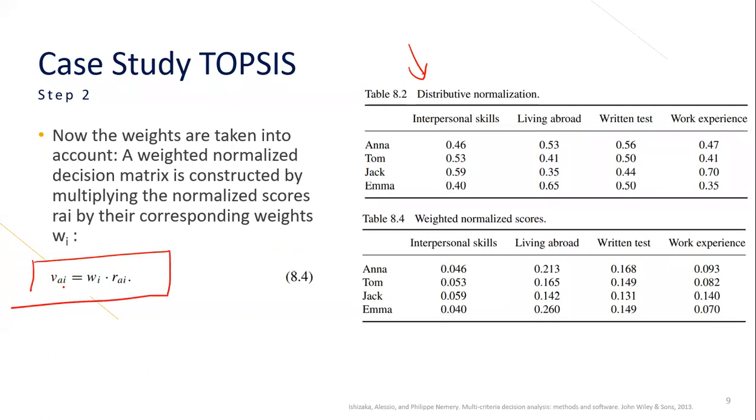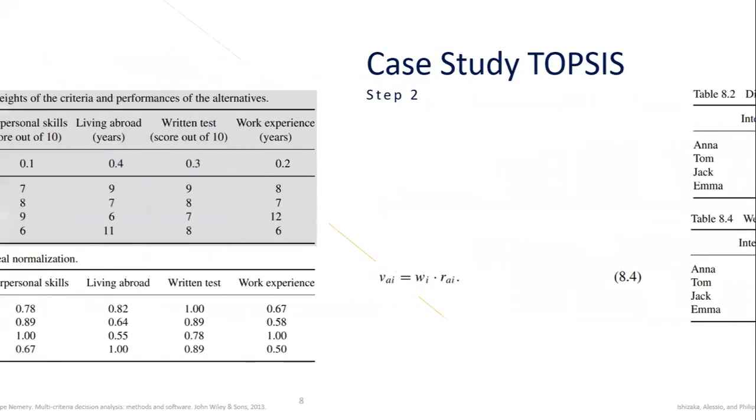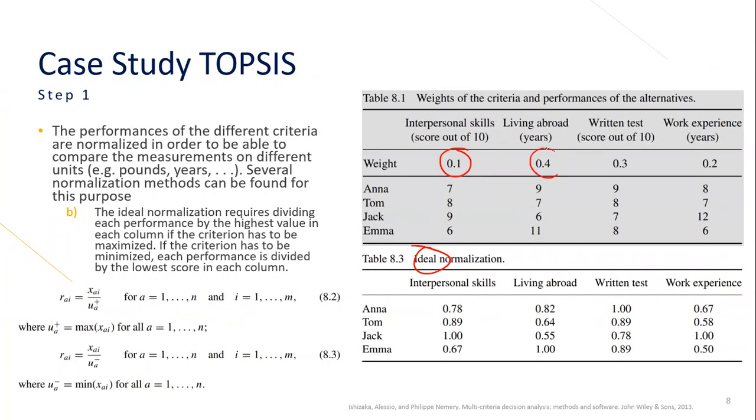So this one, VAI, is equal to WI. So each of these, interpersonal skill, living abroad skill, written test skill, working experience skill, all has a weight. Okay, so like this one. Weight 1, weight 2, weight 3, weight 4. Okay, the total of these weights will equal 1.